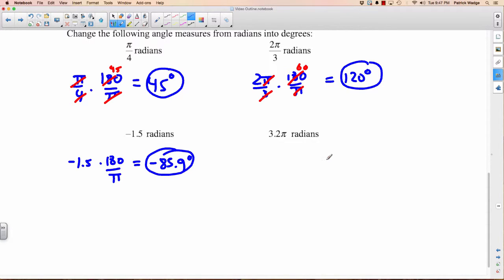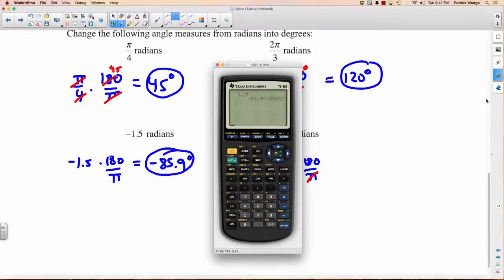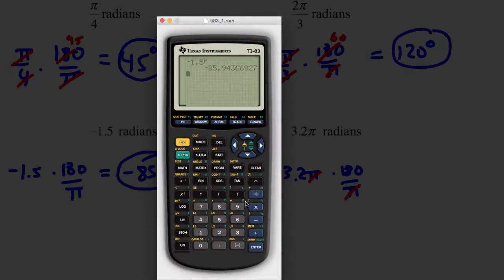And the last one, 3.2 pi radians. So again, you could go 3.2 pi times 180 over pi, and it works out nice this time because the pi's cancel out, and then you just have to do 3.2 times 180, and how easy is that? Not hard at all, especially if you have a calculator. But again, if you've forgotten the formula, you could use your TI-83 again. You would make sure that your calculator is in degrees, and it is.